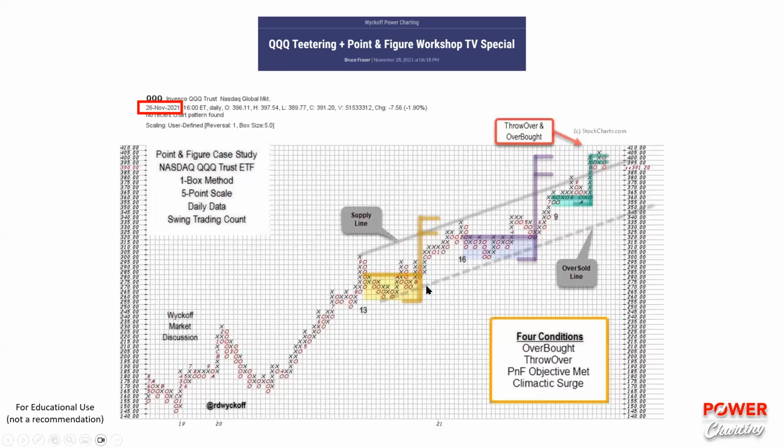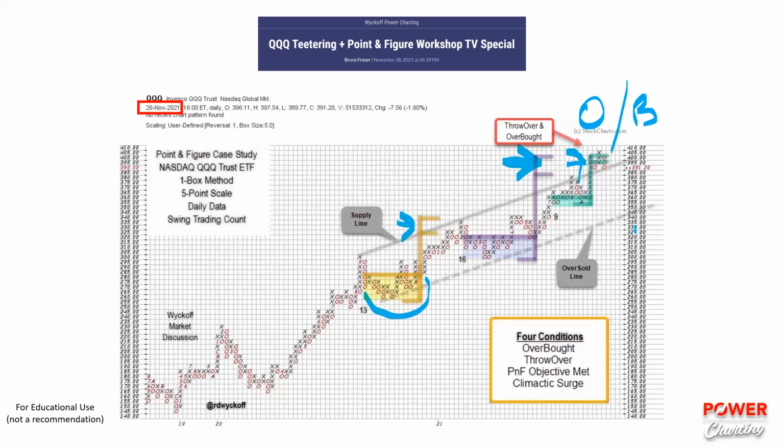And also note how point and figure is able to show us what the extent of that rally phase should look like. So here, look at how this count and this count confirmed each other into a throw over. This is an overbought condition, throws over the top of the channel, just like I showed you with MGK.